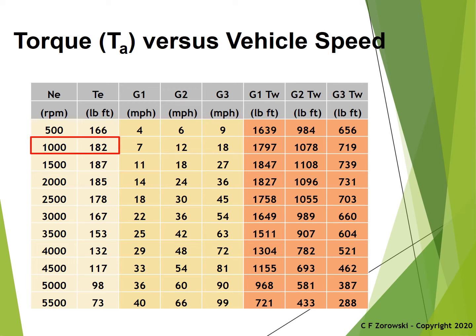At 1,000 RPM, the engine delivers 182 foot-pounds of torque. This engine output speed corresponds to a vehicle speed of 7, 12, and 18 miles per hour. At these speeds, the available torque at the rear wheels is 1,797, 1,078, and 719 foot-pounds.